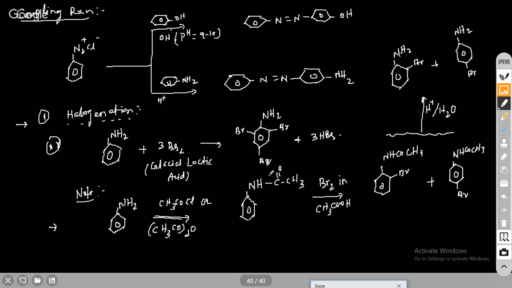So if we have to form a monobromo or monochloro derivative product, then first we have to preserve NH2 from oxidation, and that we can do by acetylation or by reaction with anhydride. Understood? Para will be the major product in this. This one is the major product.